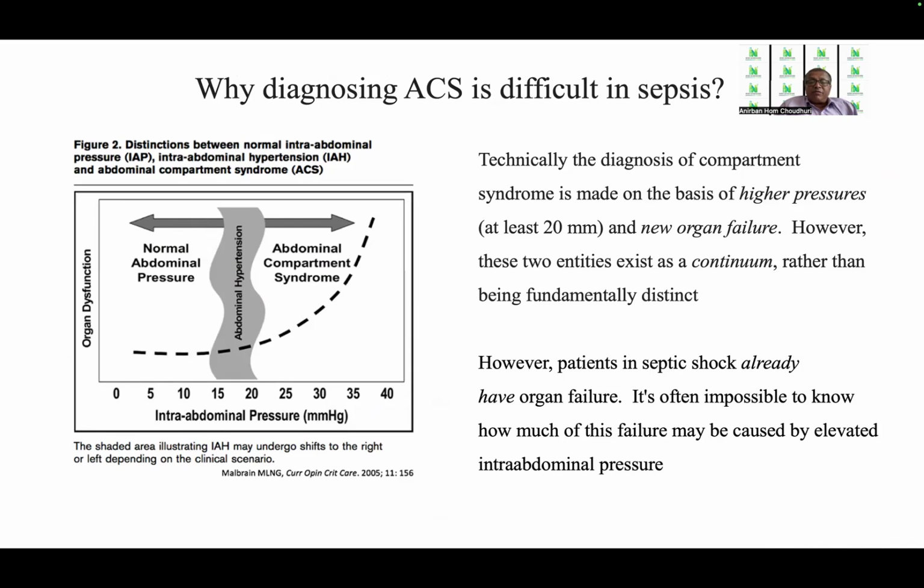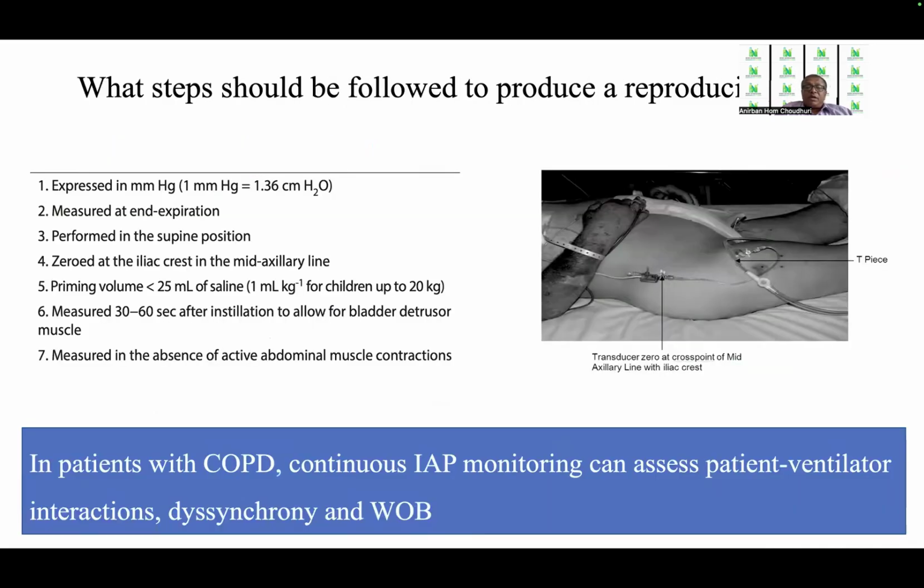How much of the organ failure is because of elevation of intra-abdominal pressure, and how much is because of sepsis, is often difficult to ascertain. This is the reason why diagnosing ACS is difficult in the presence of sepsis, be it any other patient or a patient of acute necrotic pancreatitis.